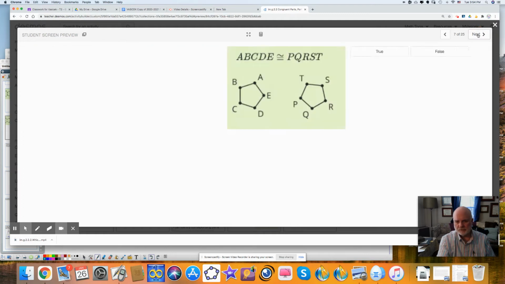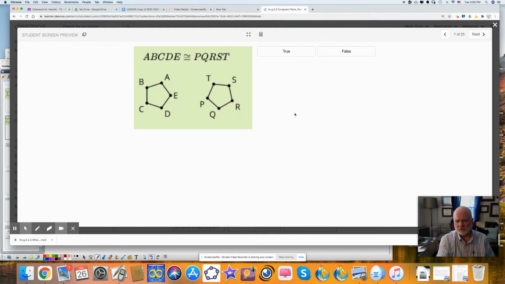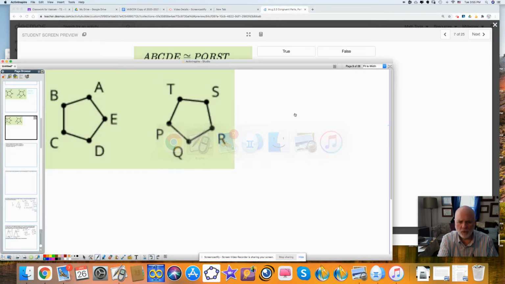So anyway, this next one is a little bit confusing. On every one of these, in every class that I've taught, I've had about half the students pick true and half the students pick false. If you follow this idea of tracing it out with your finger, sometimes you get it correct, and sometimes it works out fine. I'd like to show you this one on my whiteboard, and I'm going to do this using a transformation.